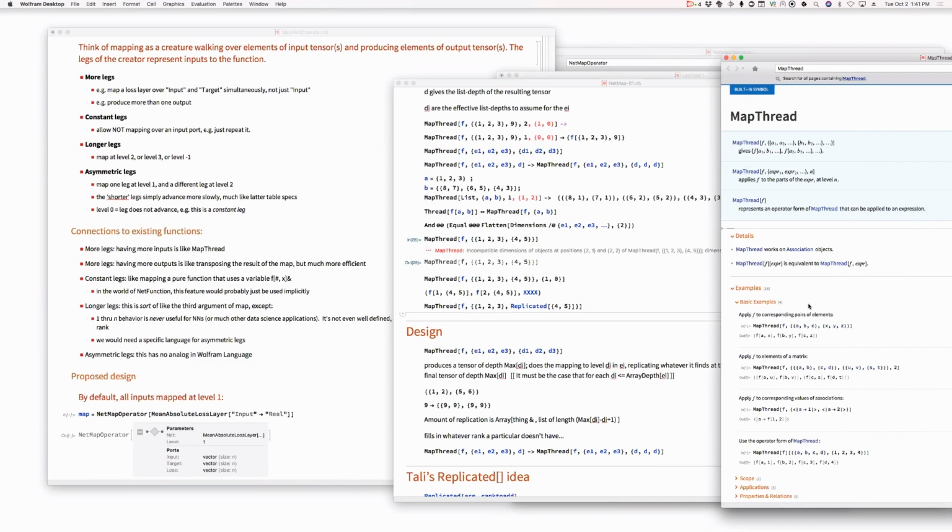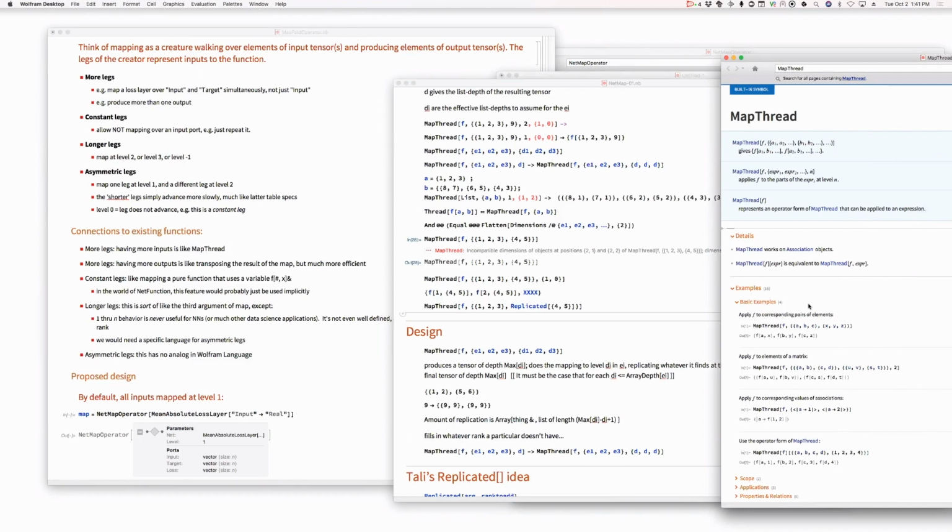One question is, does this suggest that we should have a net map thread operator that behaves quite differently to net map operator? I was imagining we would just extend net map operator. I don't think this is a net map operator thing.